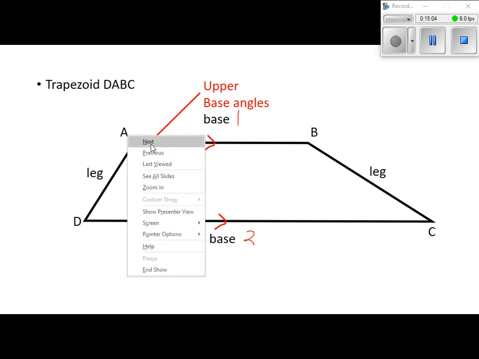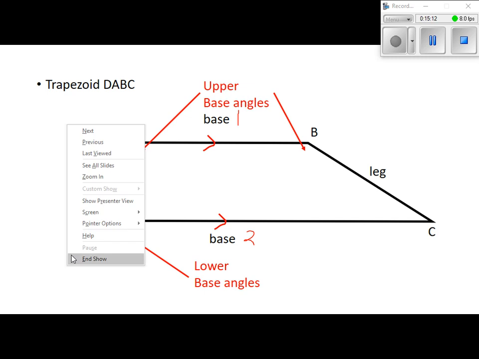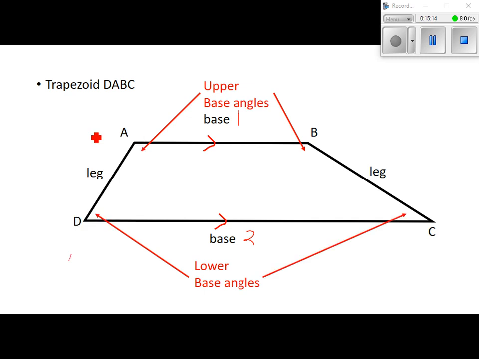The two angles here are called the upper base angles. And the two angles on the other side are called the lower base angles. So those are all the parts of a trapezoid. The bases are the two parallel sides.